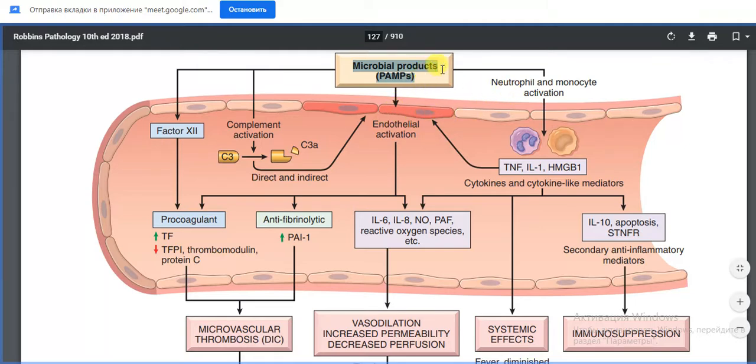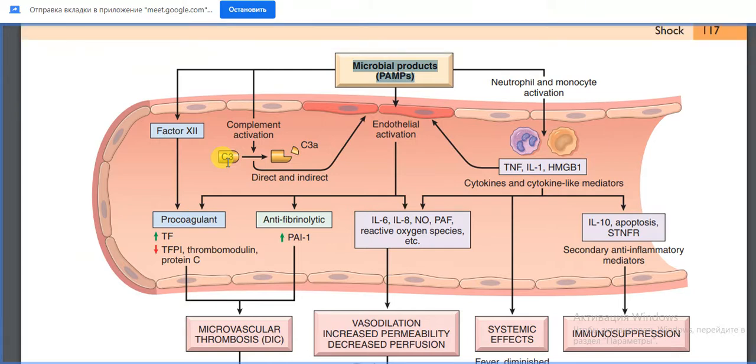Along with it, microbial products cause the activation of neutrophils and monocytes in the blood, and also activation of C3 complement. You remember this in the lectin pathway, alternative pathway, classical pathway; it doesn't matter.